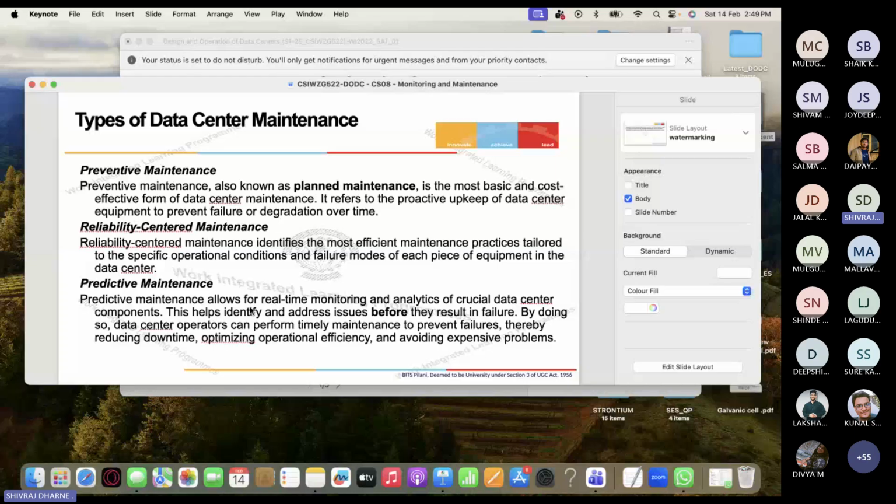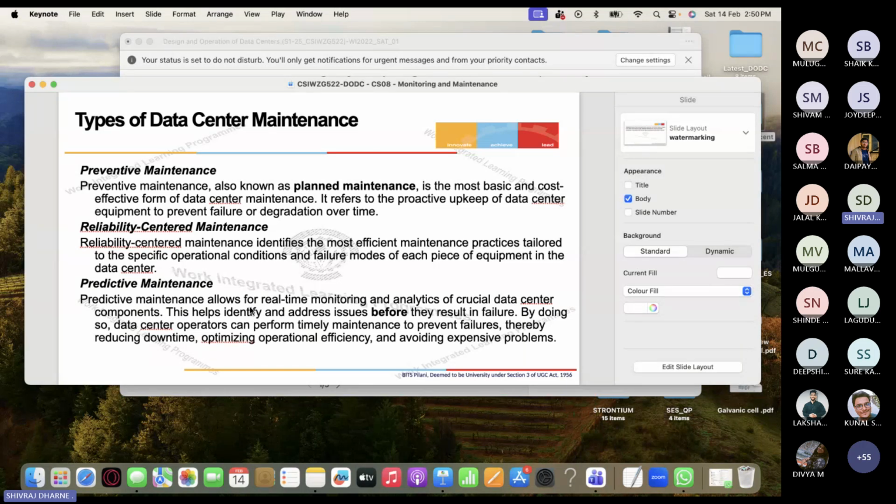Or you cannot run your job, your server system is not available during this weekend. That means they are doing plant maintenance. It's the most basic and cost effective form of data center maintenance. It refers to the proactive upkeep of the data center, like whatever you do for any other systems.